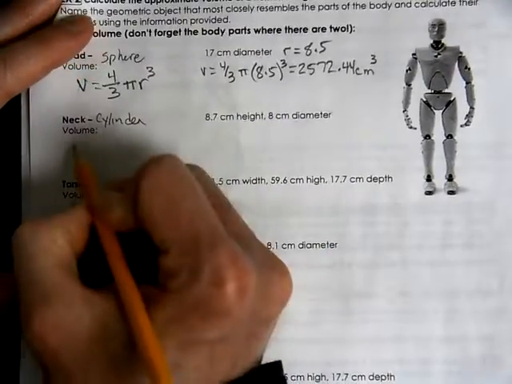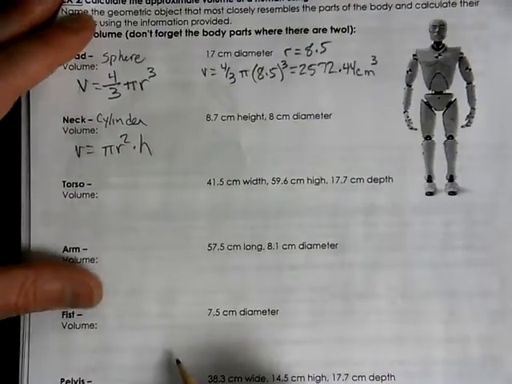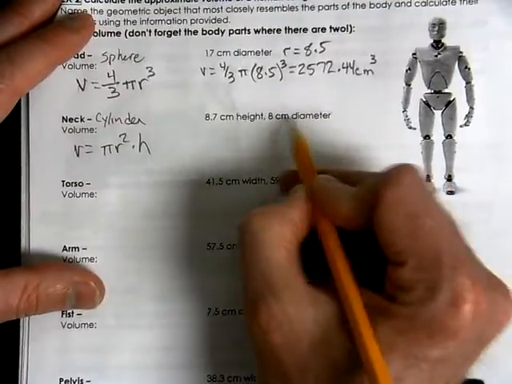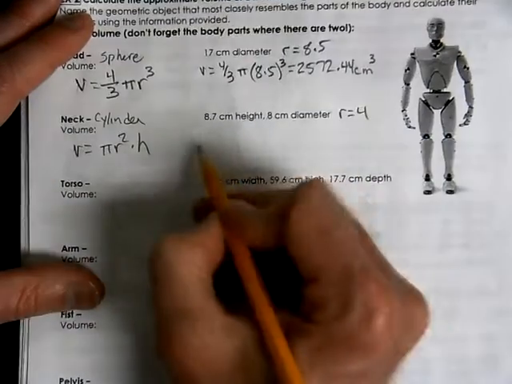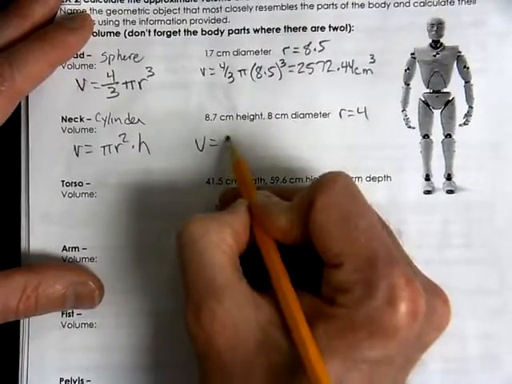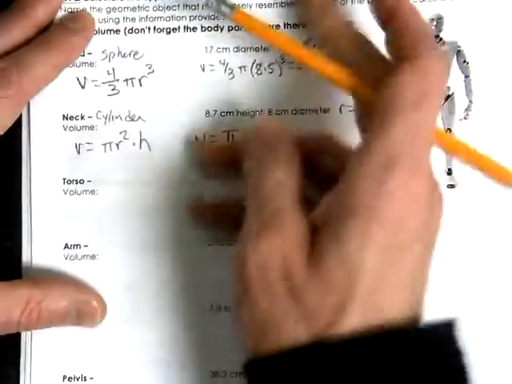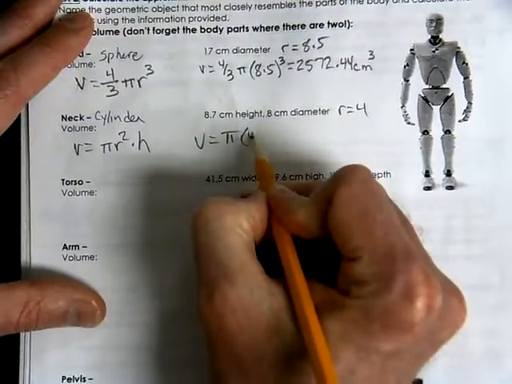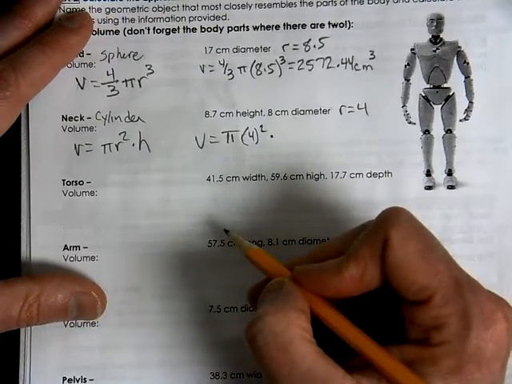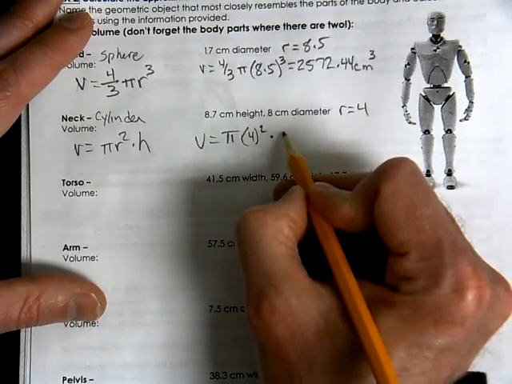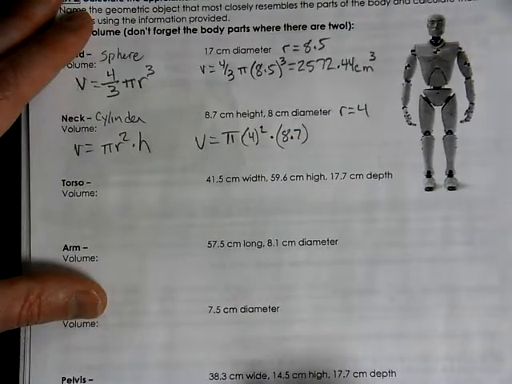Okay? So the volume is pi r squared times the height. If the diameter is 8, then the radius is 4. So the volume is going to be pi times r, our r actually is 4, squared, times the height, and that's 8.7.